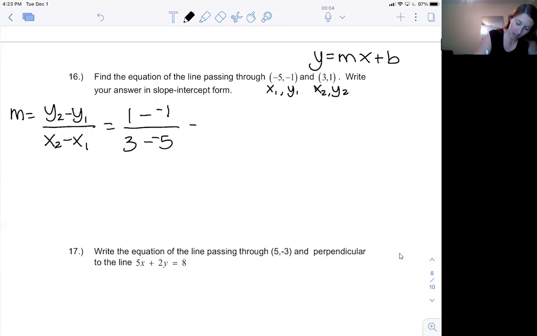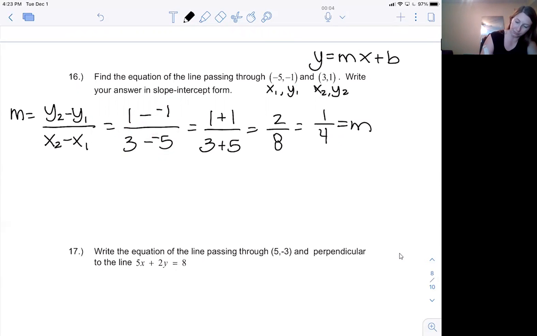Okay? That's what I would recommend, just putting it in your calculator. So we have 2/8, which equals 1/4. So this is my slope, this is my m value.